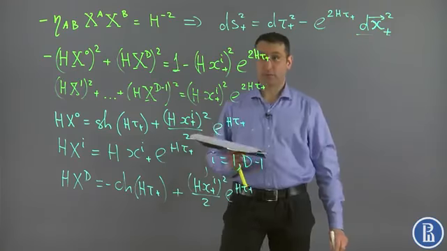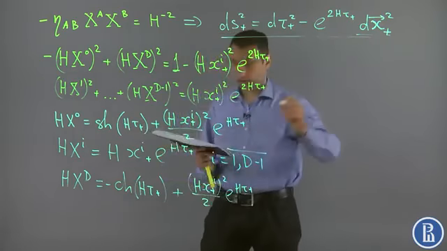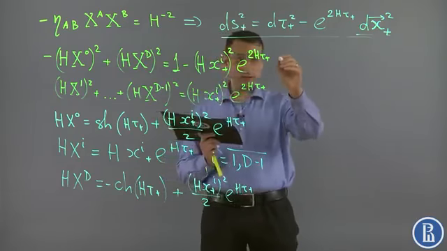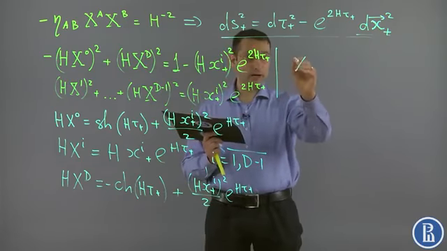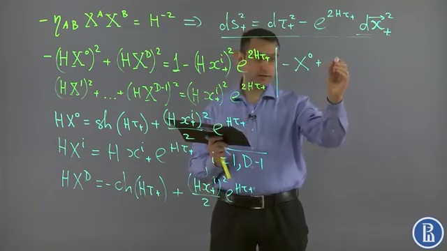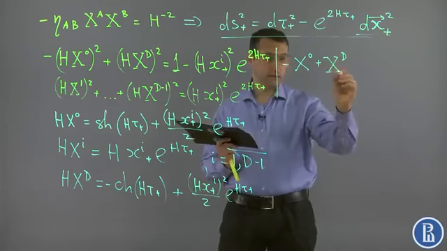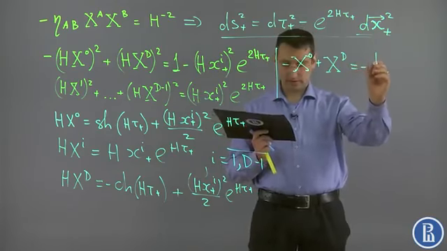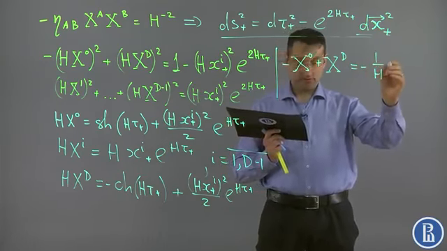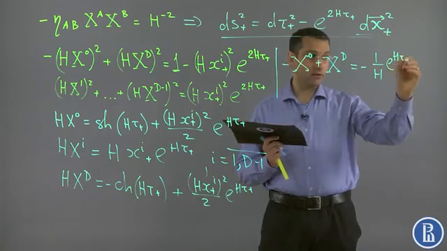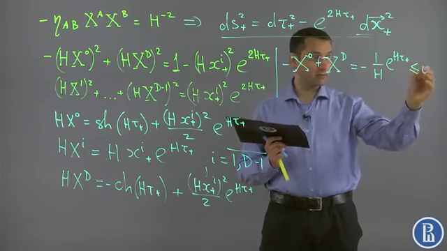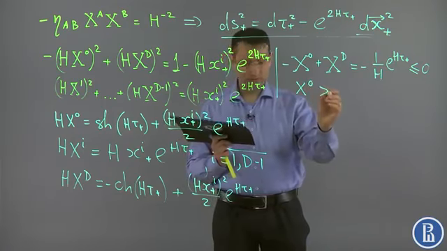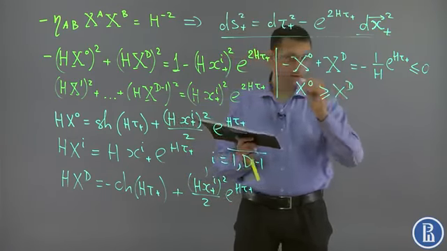Now, the problem with this metric and with these coordinates, one can see immediately, is that minus x0 plus xd, as follows from here and here, is nothing but minus 1 over h exponent of h tau plus, which is always less than 0, which means that x0 is always greater than xd.